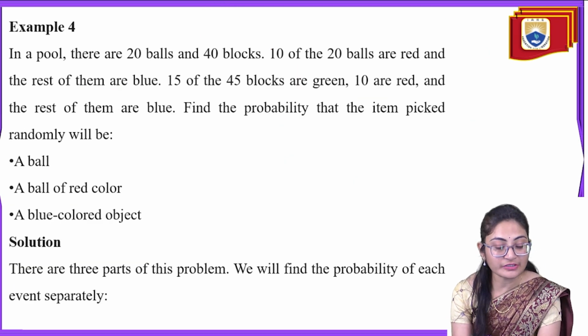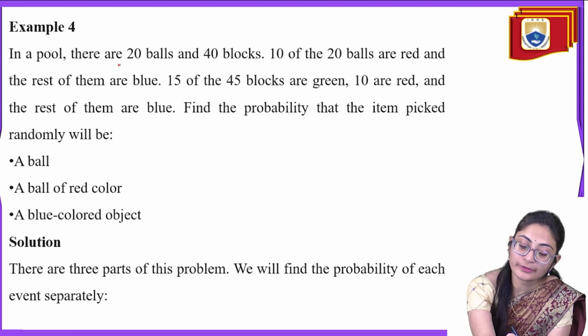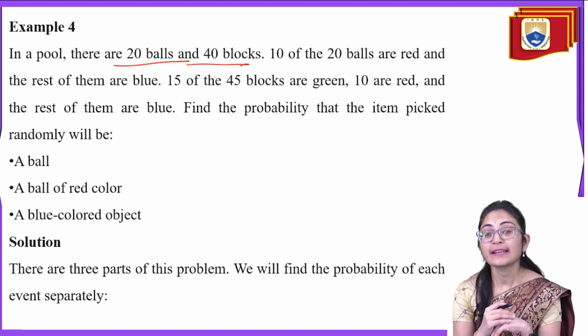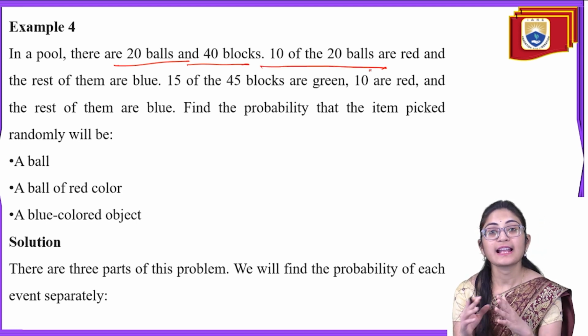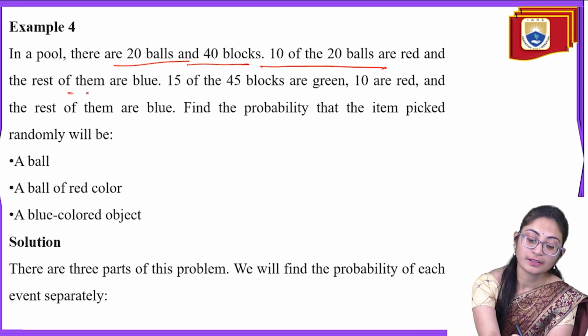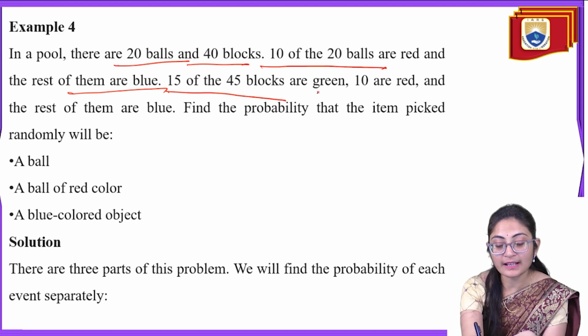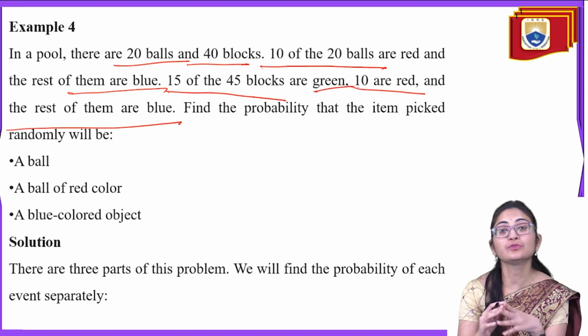Now the next question is that in a pool there are 20 balls and 40 blocks. 10 out of the 20 balls are red and the rest of them are blue. 15 out of the 40 blocks are green, 10 are red and the rest of them are blue.